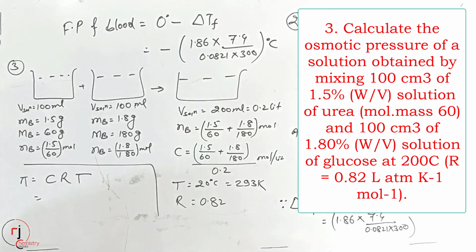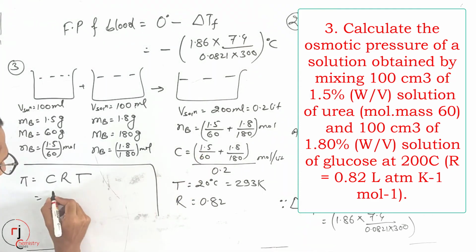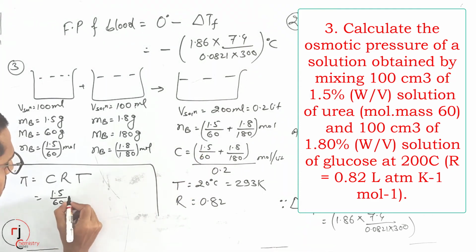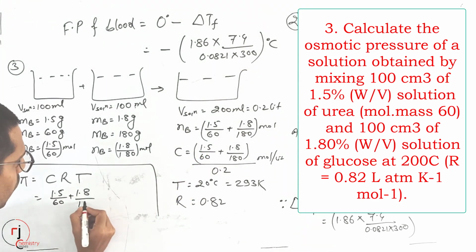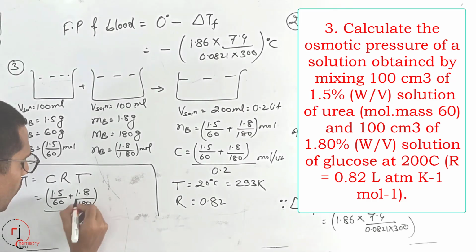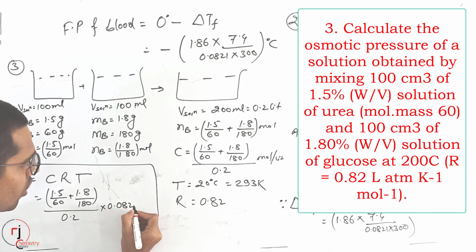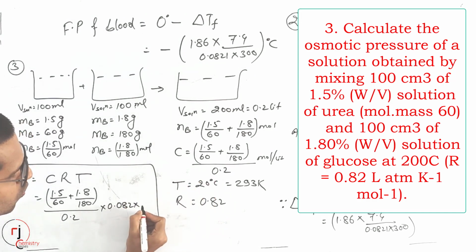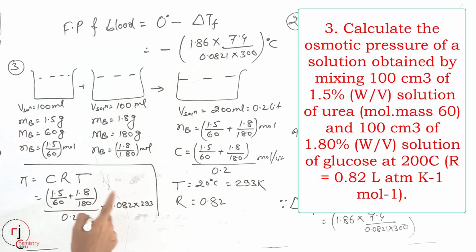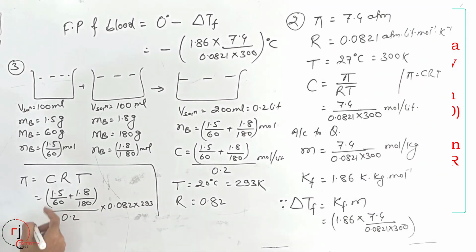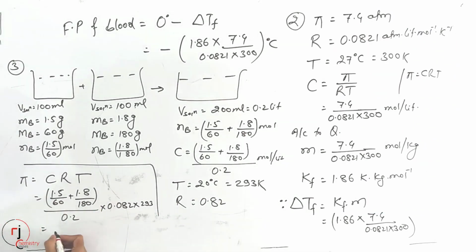The value of C is 1.5 by 60 plus 1.8 by 180 divided by the volume of solution, that is 0.2 liter, into R, 0.082, into temperature, that is 293. After calculating this mathematical equation, we find the value of osmotic pressure in atm. That one is the answer.